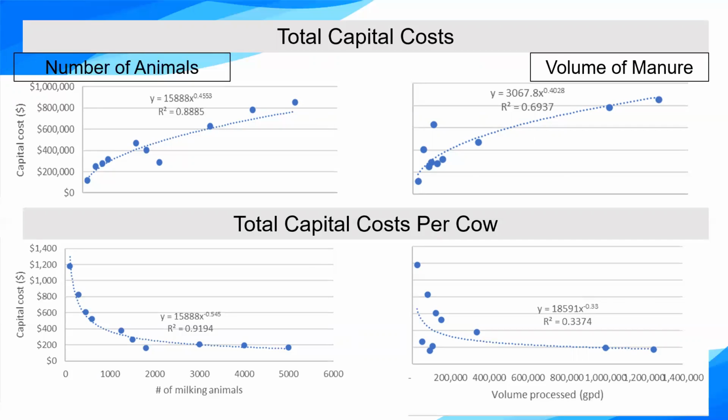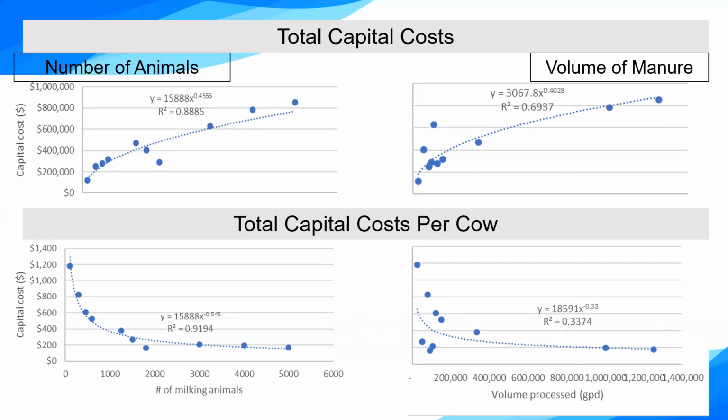And so the point of this slide is not necessarily to look so closely at the costs, because there are some qualifiers to these data that I need to address before I finalize this evaluation. But rather, the point here is to express a question, and that is, what's the best explanatory variable to use to model this information?